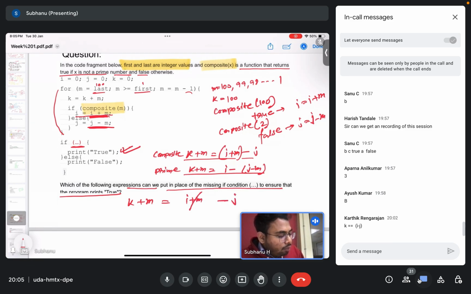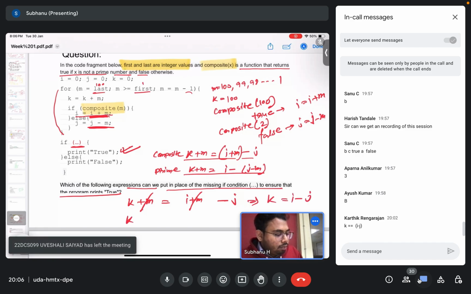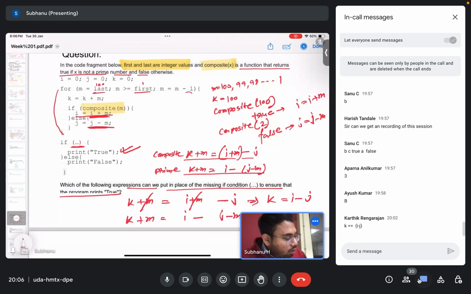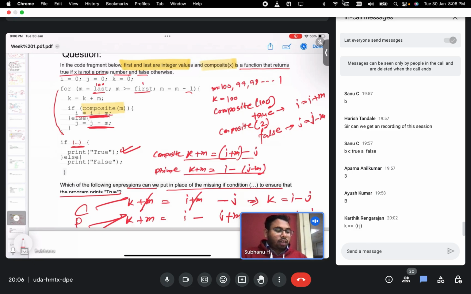So m and m will cancel out, and here also you will be getting i minus j. Whenever it is prime, k plus m is equal to i minus j minus m. So the minus is common, and it will be k is equal to i minus j. For the composite case and also for the prime case, you will be getting the answer as k is equal to i minus j.